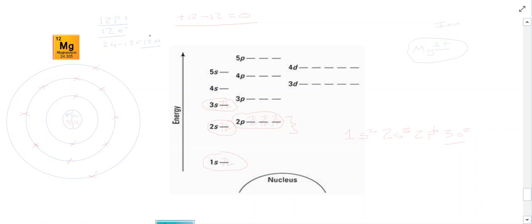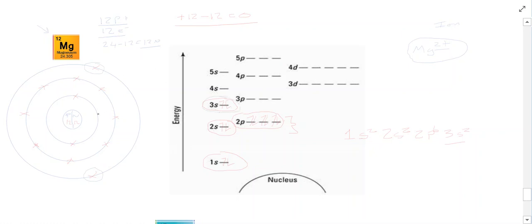Now, in order for this neutral magnesium to have 2 positive charges, it has to lose 2 of these electrons. So it's going to have to lose this electron and this electron, these 2 electrons here, for example.